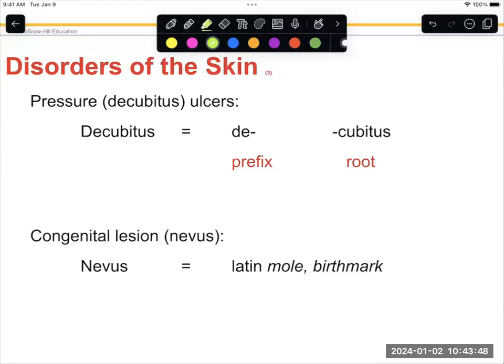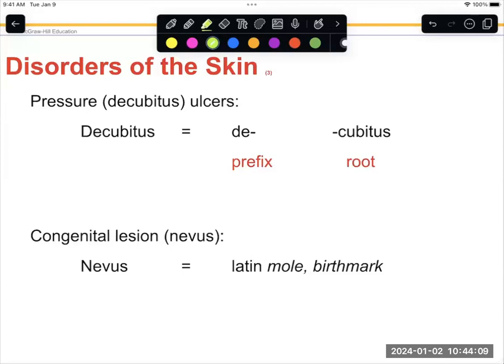These decubitus ulcers or pressure ulcers are prevented by keeping skin clean and moving a person that is on bed rest every 2 hours.